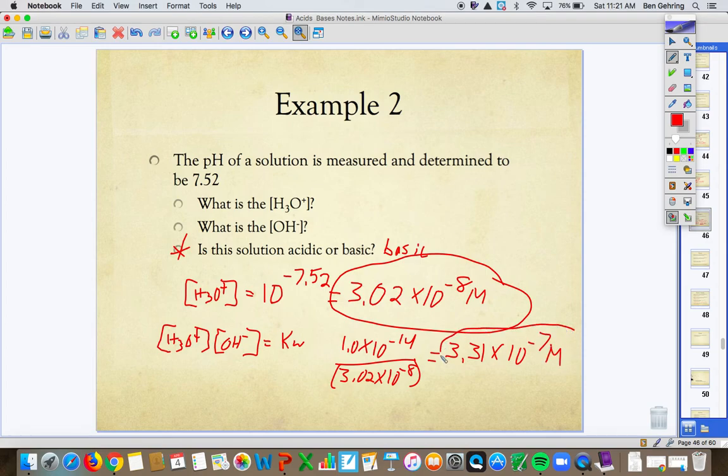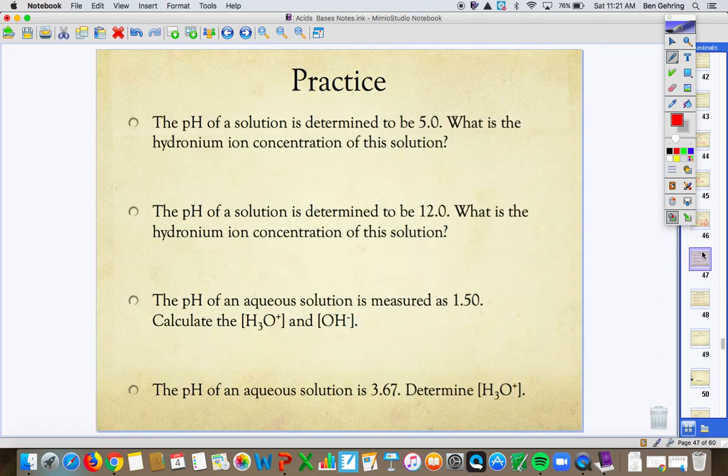That should be my hydroxide concentration, and my hydronium concentration is here. Okay? Those are the hydronium and hydroxide concentrations.